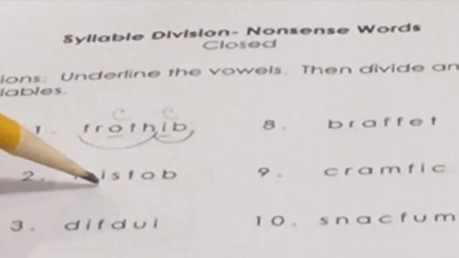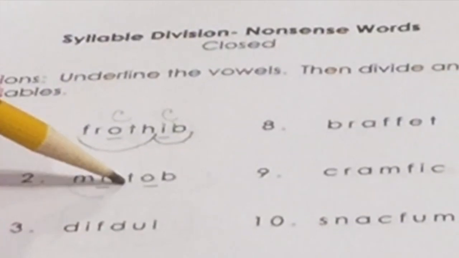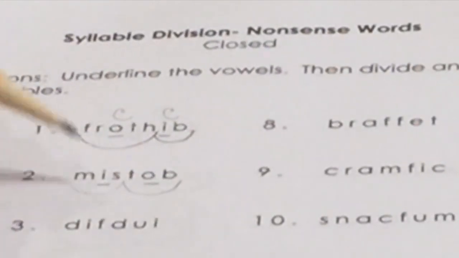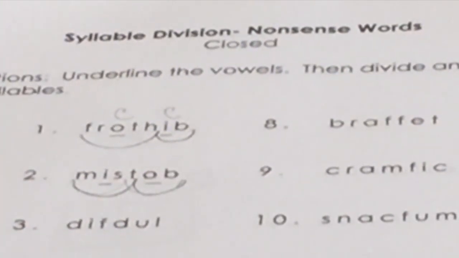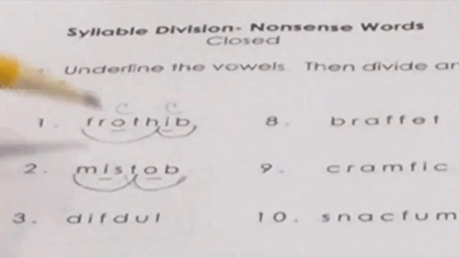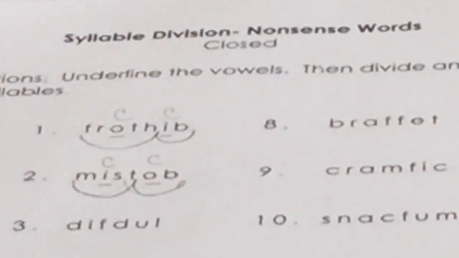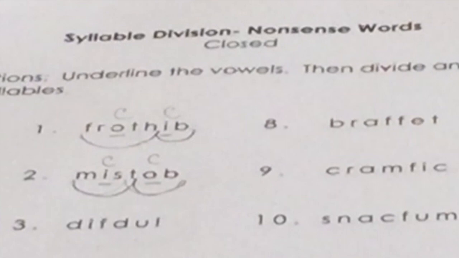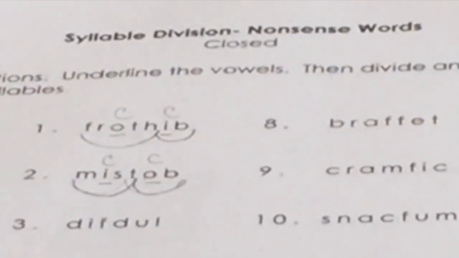So if we go down here and divide, a student might say mis-tob, like mistake, or they might say mist-ob. Either way, when you blend it together, it's going to sound pretty much the same. Mistob, mistob, right? Because both vowels are going to say their sound, and they're both going to be closed. So when you blend it, it's going to sound really similar, okay? Now, typically I'd like to say we like to keep our consonant blends together, but you want to try it both ways to see which way sounds better.